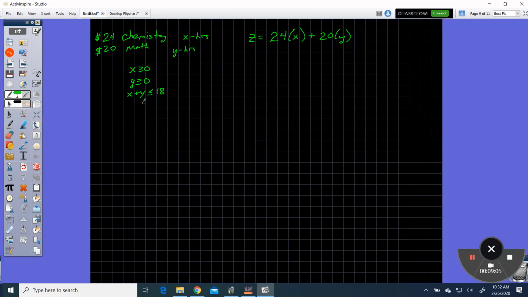The tutoring center requires that he tutors math at least 4 hours per week. So math is Y. So math has to be at least 4. The demand for math tutors is greater than the demand for chemistry tutors. Therefore, the number of hours he spends tutoring math must be at least twice the number of hours he spends tutoring chemistry.